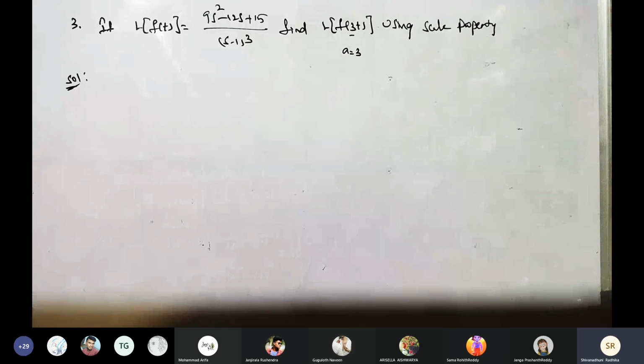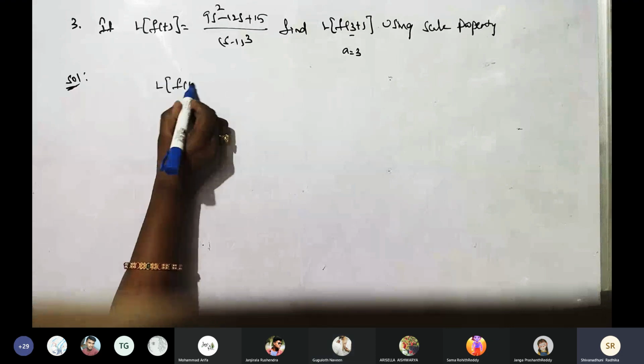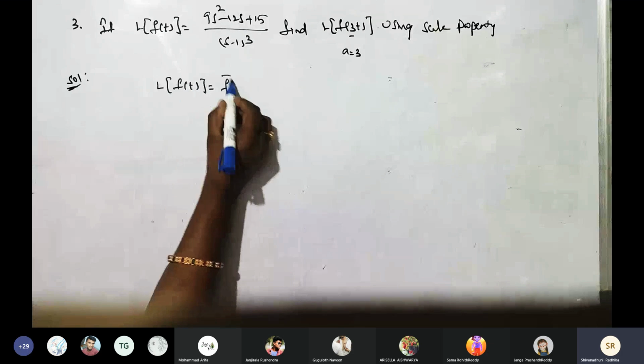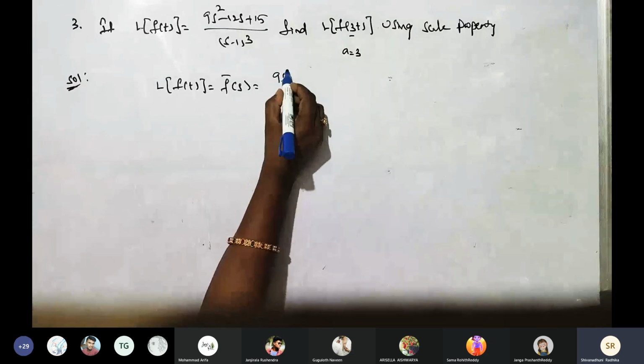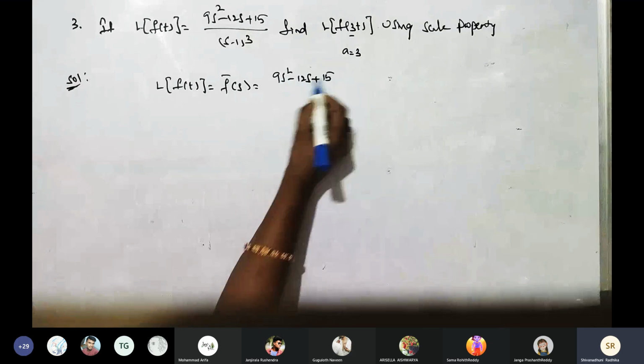Here L of f of t is nothing but f bar of s, that is 9s square minus 12s plus 15 by s minus 1 whole cube. This is equation number 1.